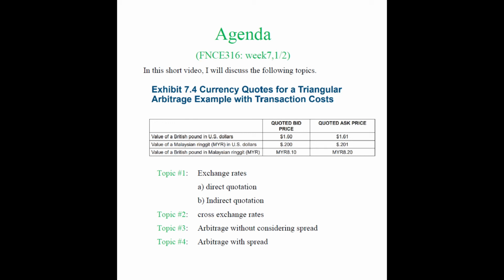Before discussing this complex example, I'm going to discuss topic number 1, exchange rate, direct quotation versus indirect quotation. Topic number 2, cross exchange rates. For example, we have US currency versus currency A, and we have the exchange rate between A and B. How to determine the US exchange rate with B?